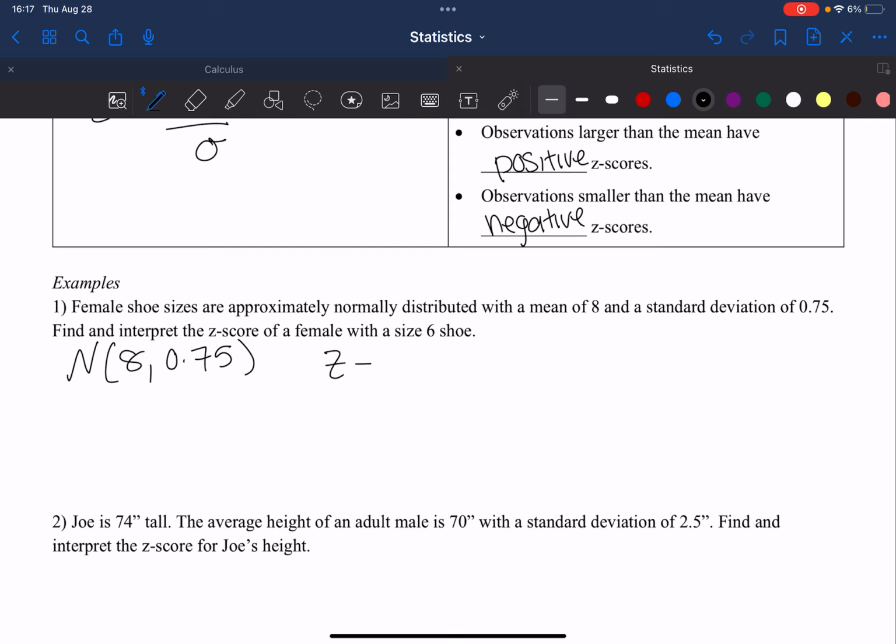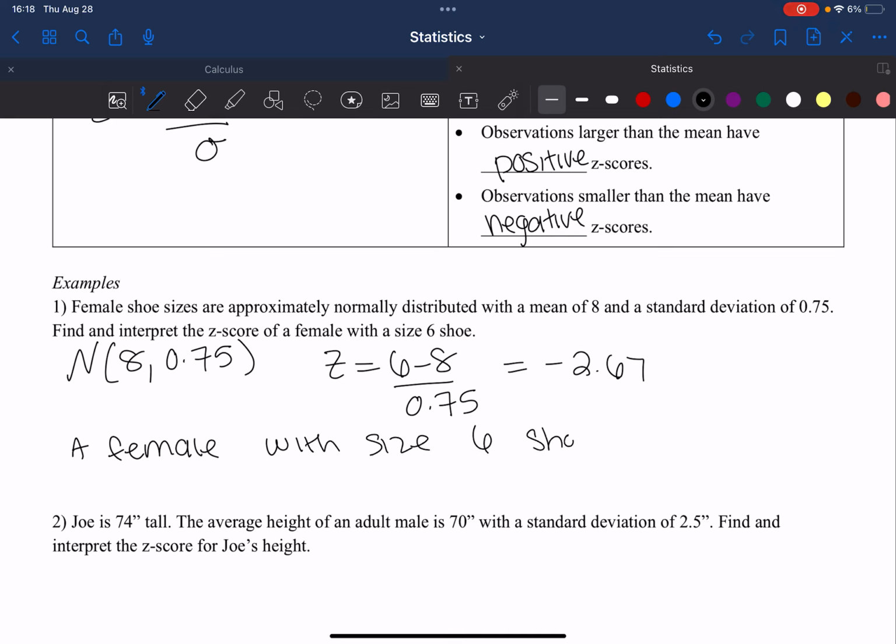So we have z is equal to 6 minus 8 over 0.75, which gives us negative 2.67. So in order to interpret that value, we would say a female with size 6 shoe is 2.67 standard deviations below the mean shoe size.